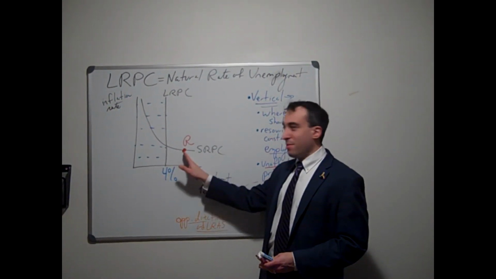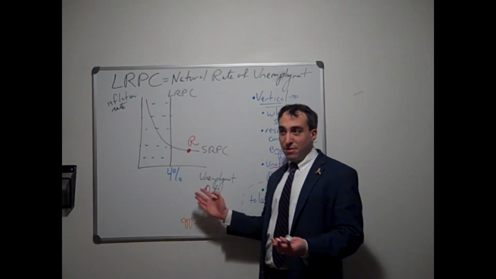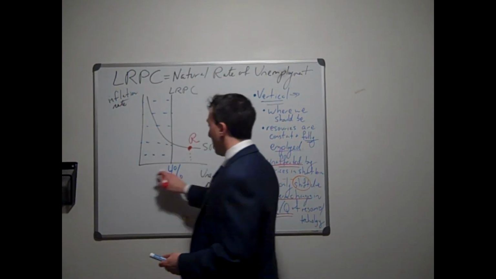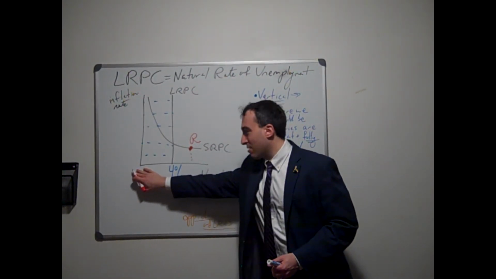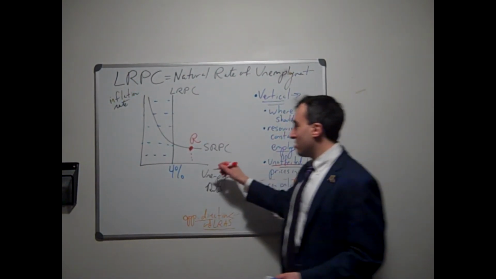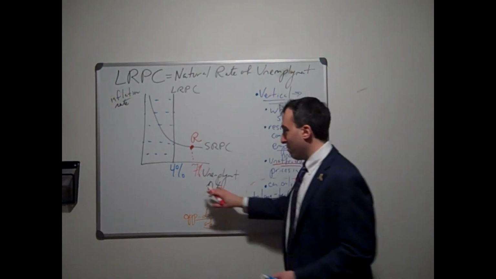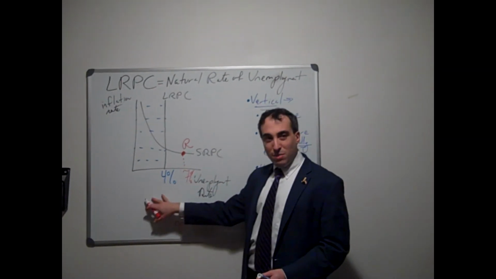If we were to draw a line down to, let's say, 7% on the axis going 0 and upwards, unemployment is above where we should be.